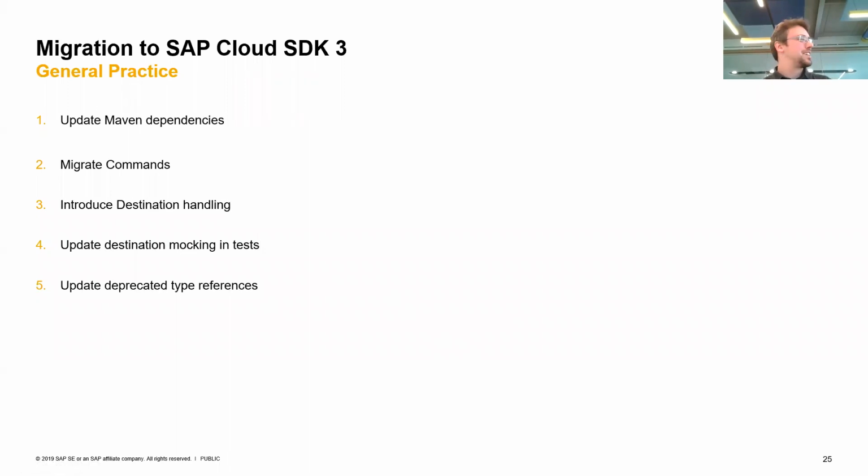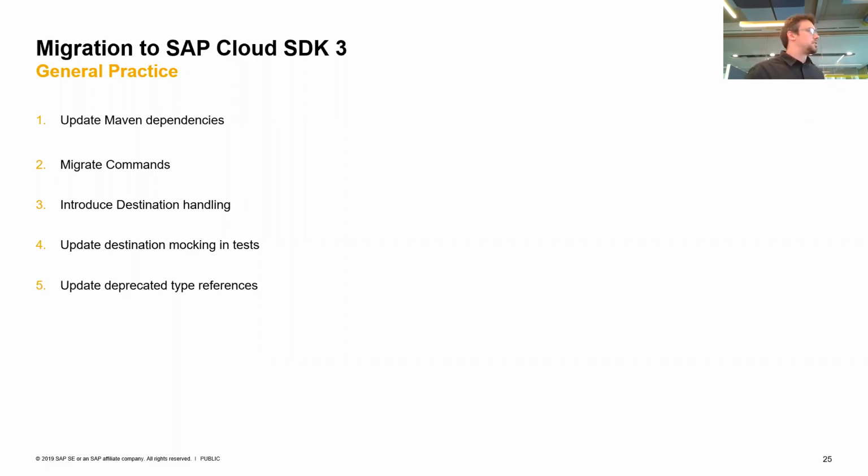But first, let's look at the general practice of how to do so. There are several steps involved to get an application using Cloud SDK 2 to version 3. First, I will update the Maven dependencies, and this will give us the easiest approach to include the new classes.